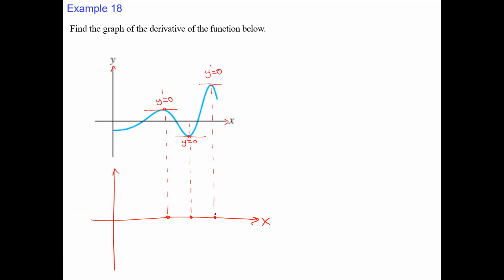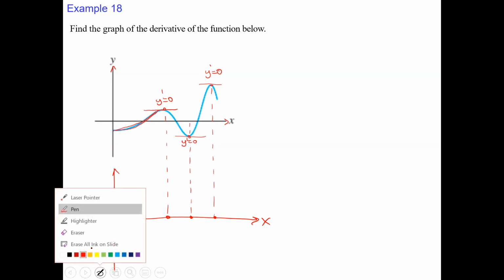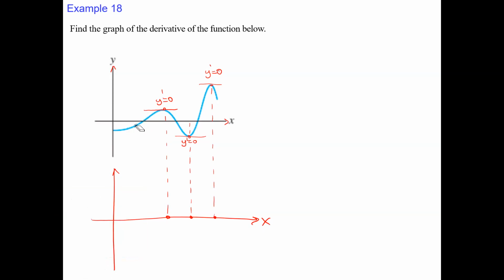Then we have zeros. And now let's just see if the function is increasing, right? All of the slopes are positive. Then the graph of the derivative has to be above the x-axis, right? Nice hint. And now these are almost horizontal, small numbers.